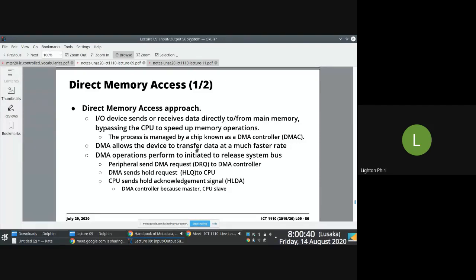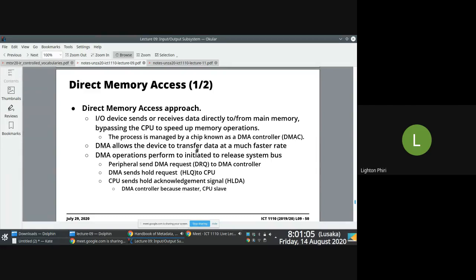But the best way of understanding this is by appreciating the fundamentals associated with DMA. The technique in itself provides direct access to memory, right? So rather than go through the CPU, the peripheral will have direct access to memory.